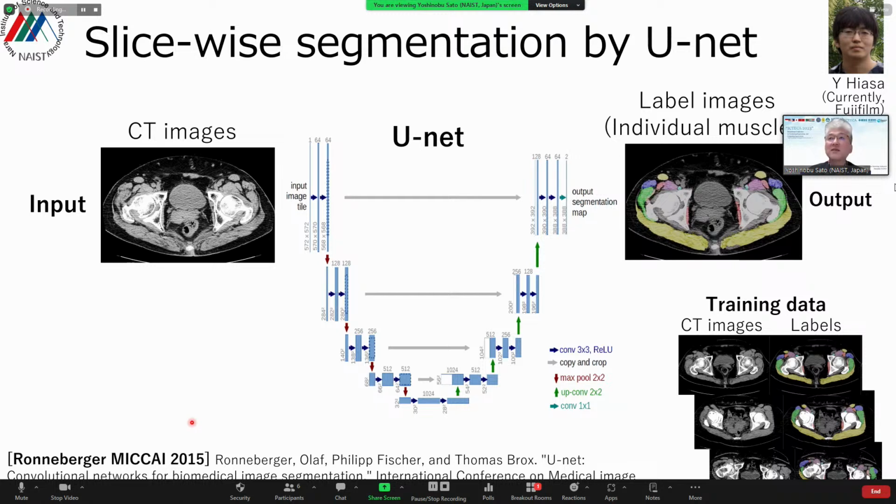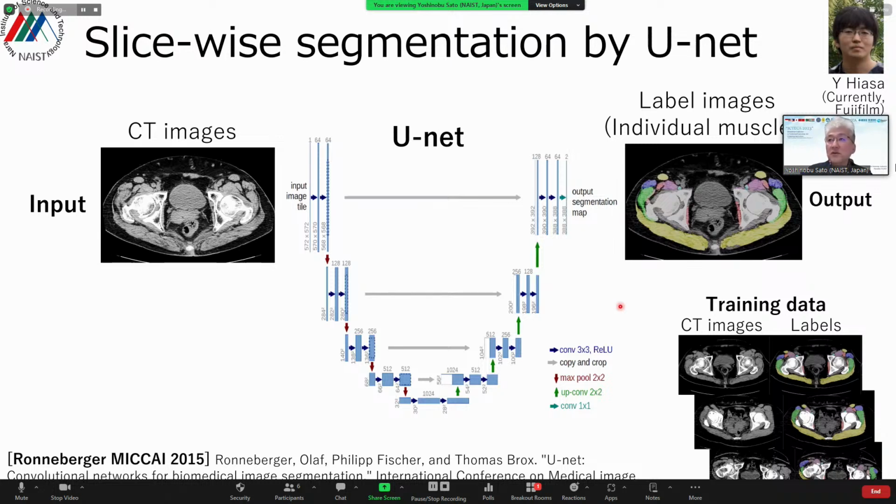UNet is a very, very famous deep learning model. Given training data sets, CT images and so-called label images, that is, accurate muscle regions, ground truth data of individual muscles, this deep network UNet is trained so as to output label images of individual muscles given input CT images.